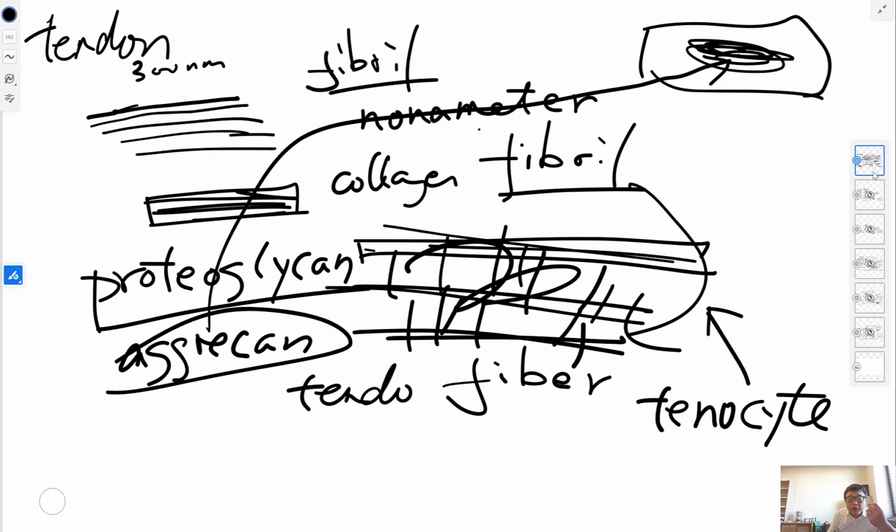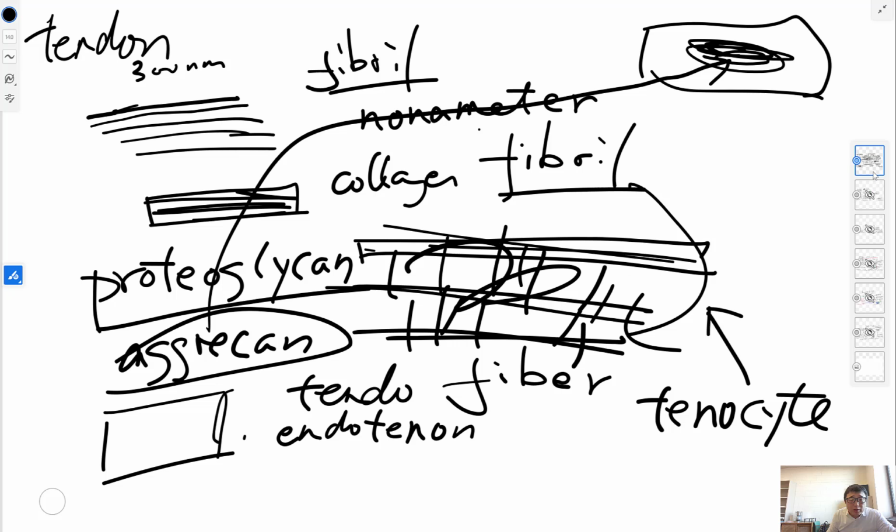And then when these tendon fibers join together, they are enclosed by endotendon. The endotendon is a loose connective tissue membrane that holds the tendon fibers together. There are multiple layers or hierarchical structures. At some level, this is a tendon. They start to have blood vessels running through the endotendon.